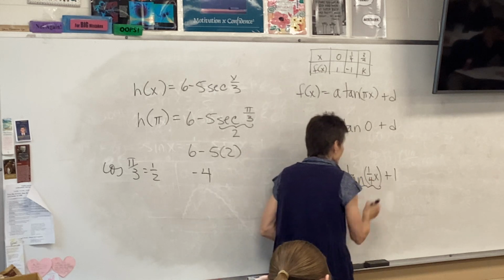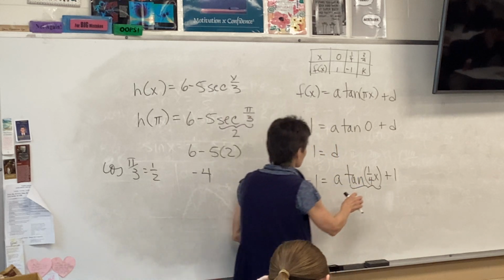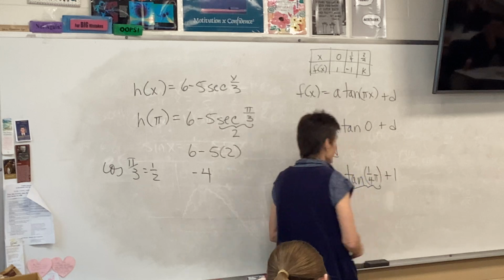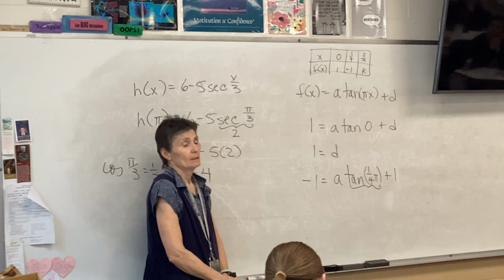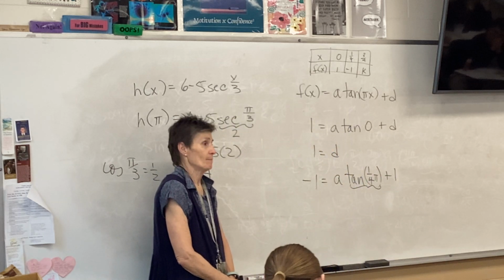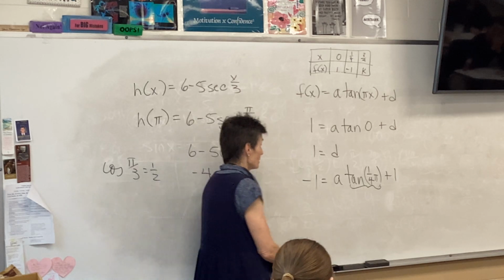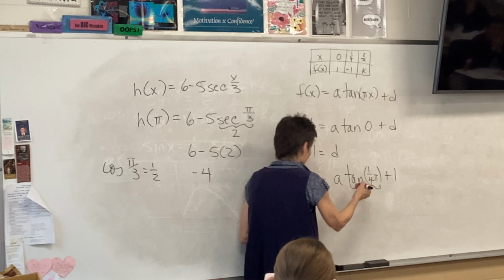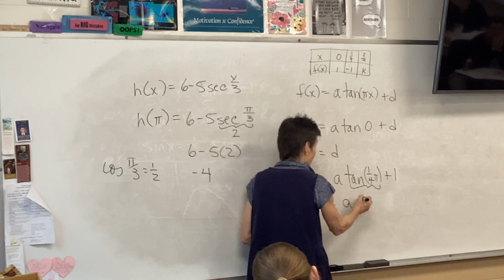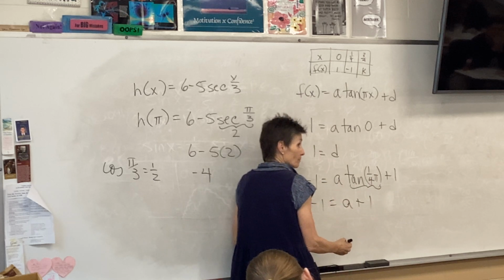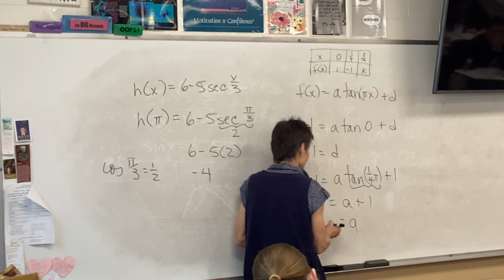Now what's the tangent? Oh, that's not x, that's pi, sorry. What's the tangent of 1/4 pi? 1. So this is 1. So -1 equals a plus 1. So a equals -2.